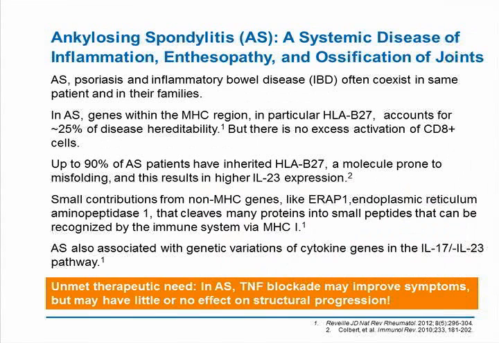So just as an overview, ankylosing spondylitis, and then psoriasis and psoriatic arthritis, as well as inflammatory bowel disease, can often coexist in the same patient and in their families, suggesting that there's some genetic inheritance.